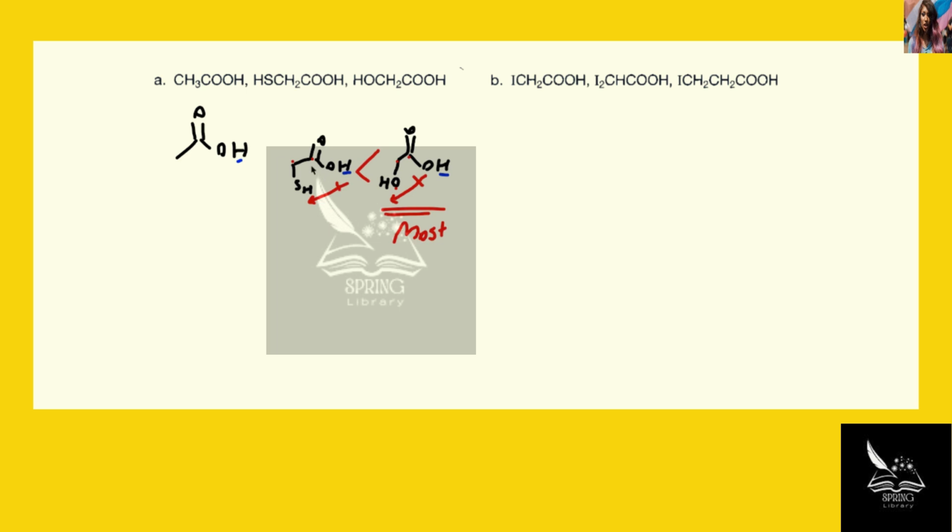Now, sulfur is not really that electronegative. So actually, sulfur with its lone pair electrons might donate electron density towards the conjugate base, and it will form kind of a negative charge over here, and we'll have a negative charge up here. So we have two like charges in close proximity, so it's not that favorable.